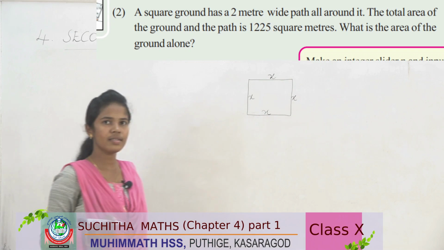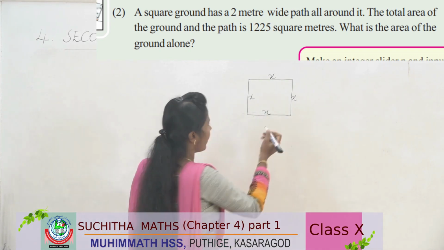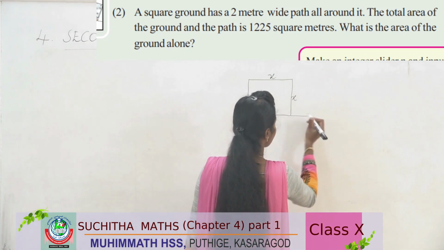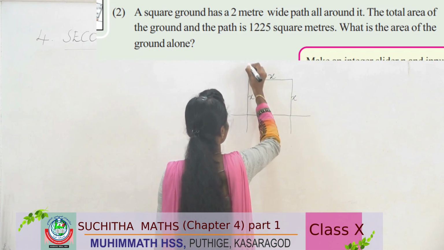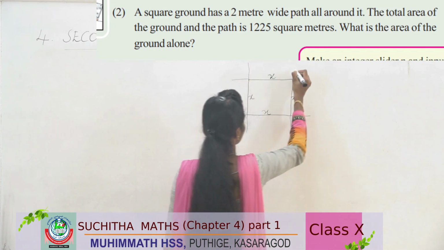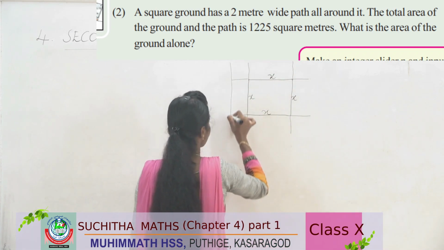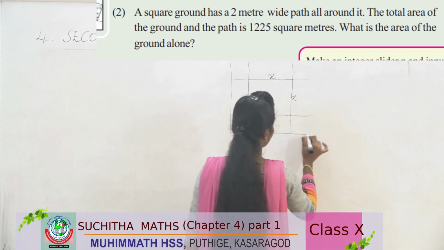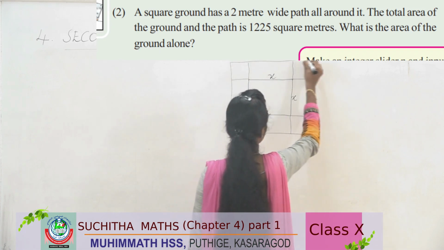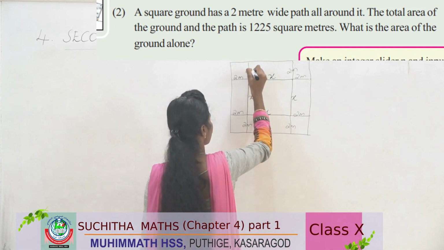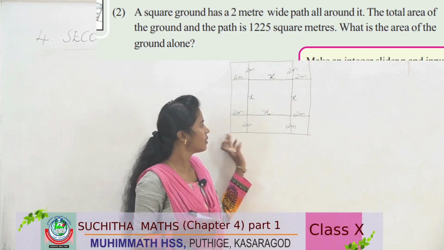The length of each side is x, and this ground has a 2 meter wide path around it.